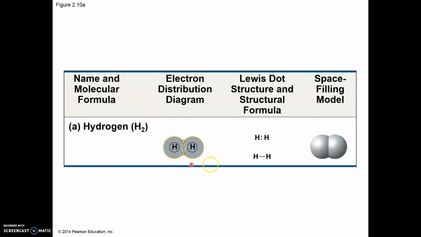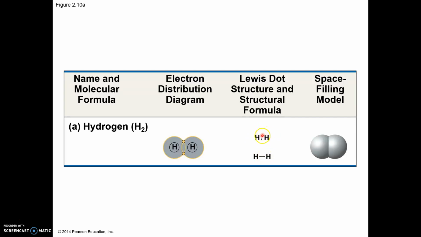Okay, here are a lot of different ways of representing it. Here is an electron distribution diagram where we can show the electron shells, and we can see that both of these electrons are being shared by both shells that are now overlapping. Here are other ways of showing it. We've represented this here, the structural formula, where we have the two electrons being shared represented as a line. If there was a double bond, there would be two lines, and I'll show you an example of that.